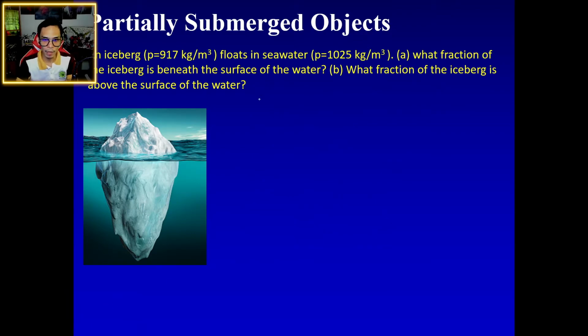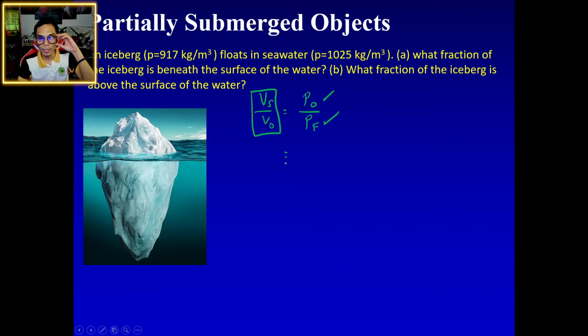Alright, so we have V sub S over V sub O is equal to P sub O over P sub F. Now, since this is the one that we are looking for, we have the given things. For the object, the iceberg, we have 917 kilograms per cubic meter.